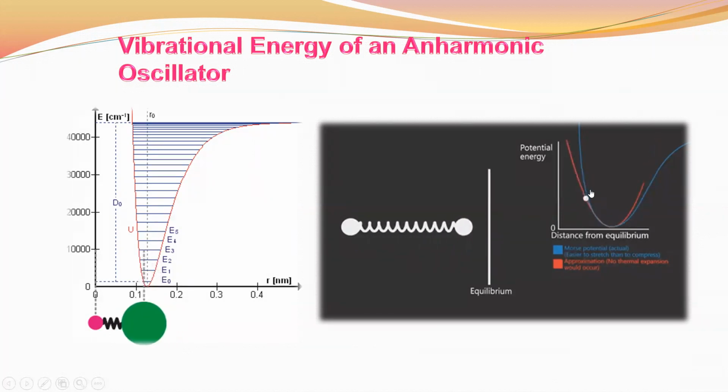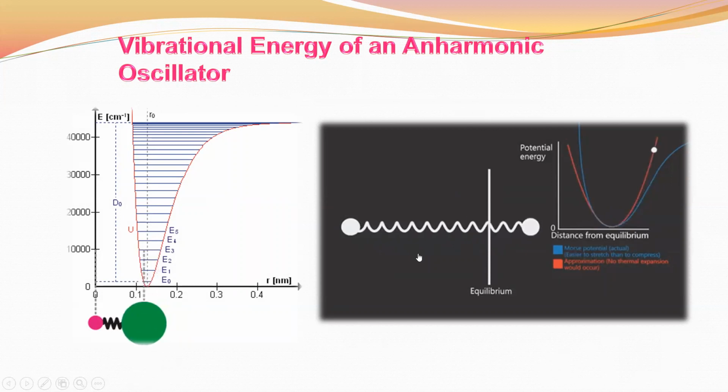But here in this figure, two graphs are shown. Then we know that if it is stretching more and more, what will happen? The bond will break. Then we term it as ionized.